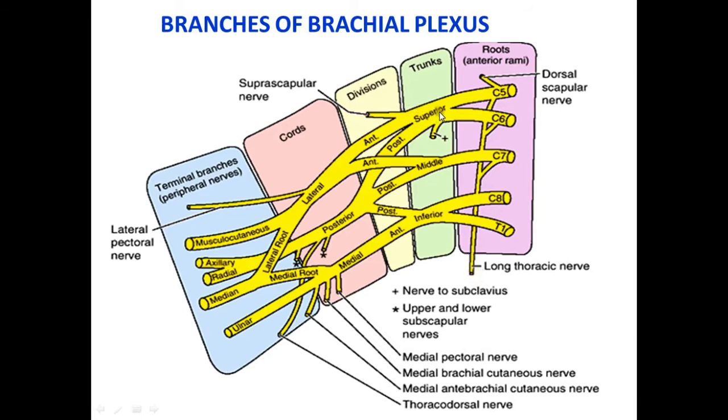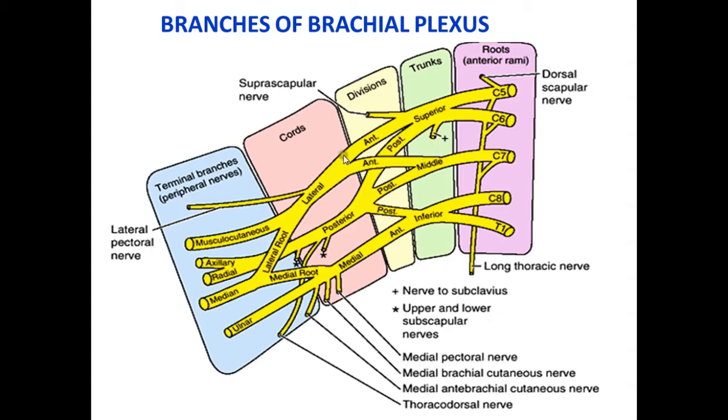When the superior trunk is formed by the union of C5 and C6, the nerve emerging from the superior trunk goes directly to the subclavius muscle, which is just below the clavicle, in the subclavian groove. If you remember, that is the nerve to subclavius.